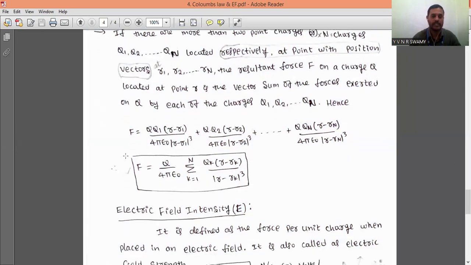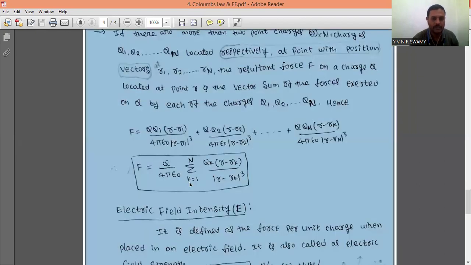So then we will write this as F equal to... what is the common term in all these? Q/(4πε0) is common in all these terms. Then the sum from k = 1 to n of Qk(R − Rk)/|R − Rk|³.